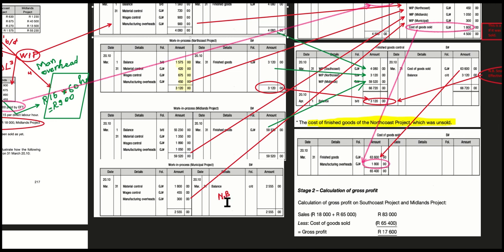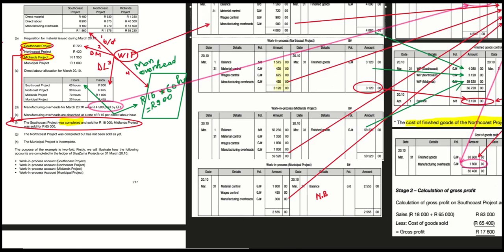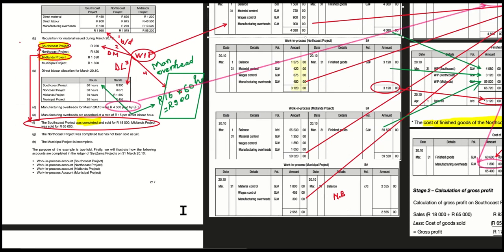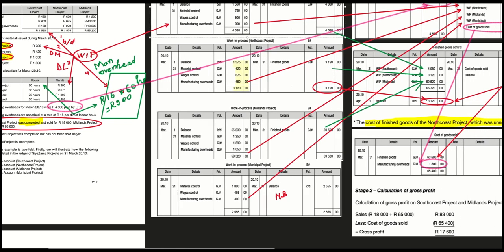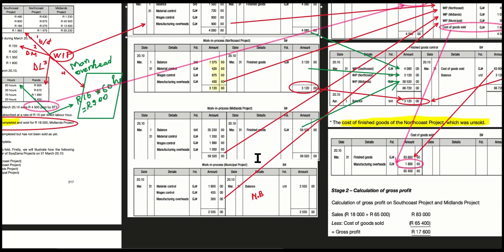This is just something that you need to note, that instead of saying finished good, it says balance. Why? Because the last project, the municipal project, was not completed. So we can't allocate that to the finished goods because it was not completed.